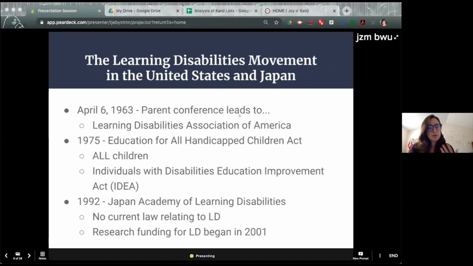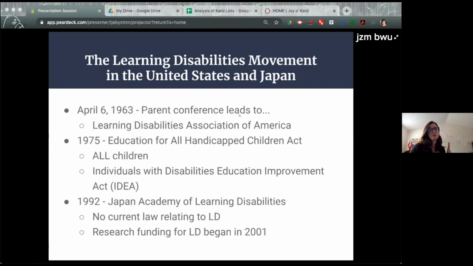So I want to look really briefly at the history of laws related to learning disabilities and the difference between how that has come through in Japan and the United States.